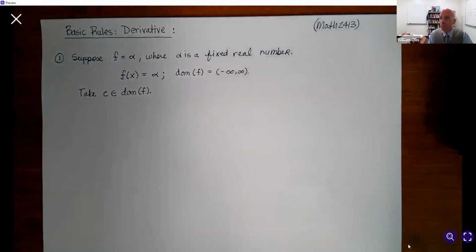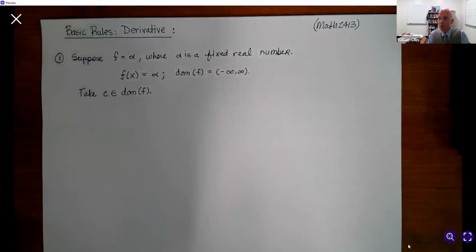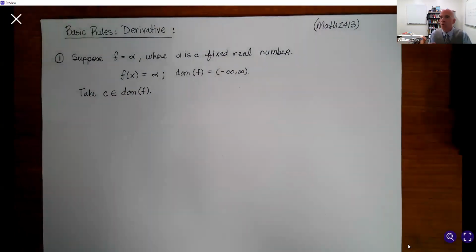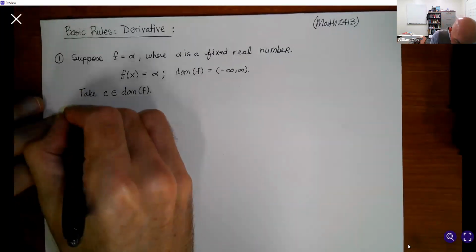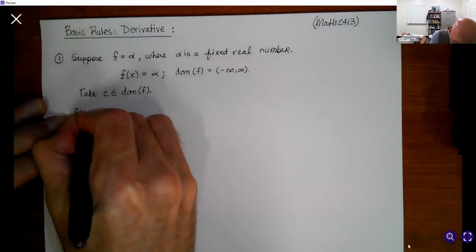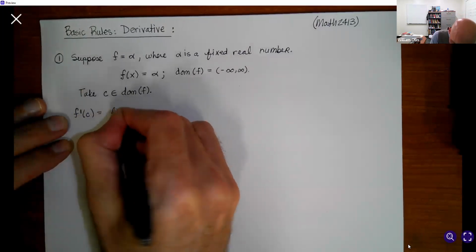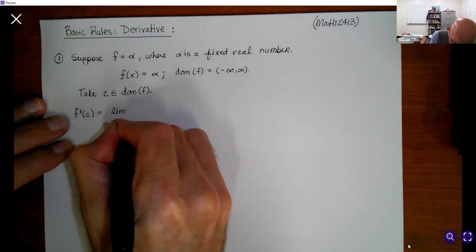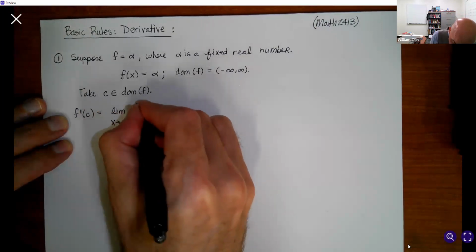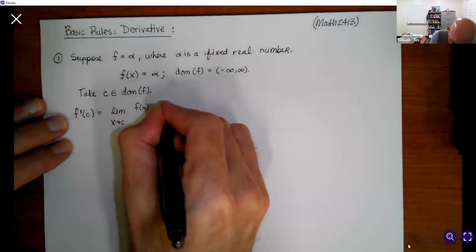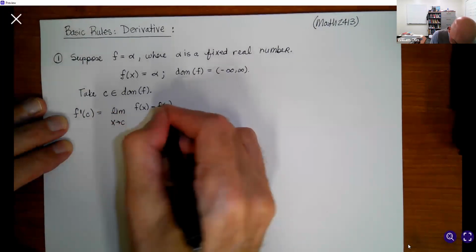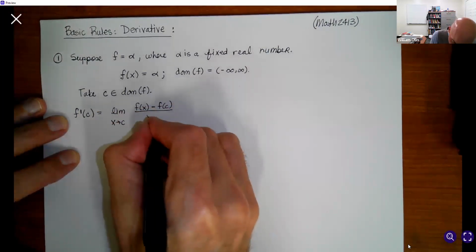We have to look at what we get. That is, look at the result, and then we can analyze which c will make sense. So we have f prime of c equals the limit as x approaches c. Same thing, f of x minus f of c divided by x minus c.